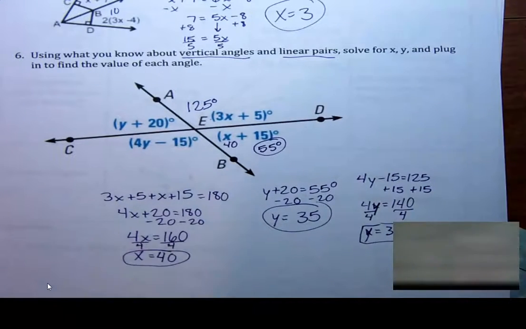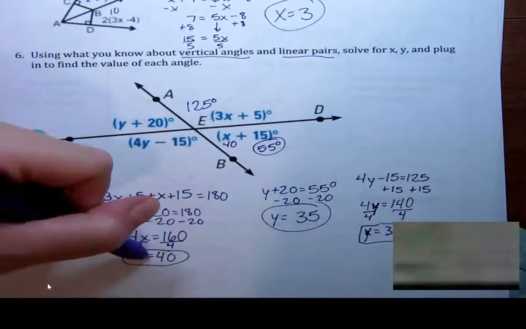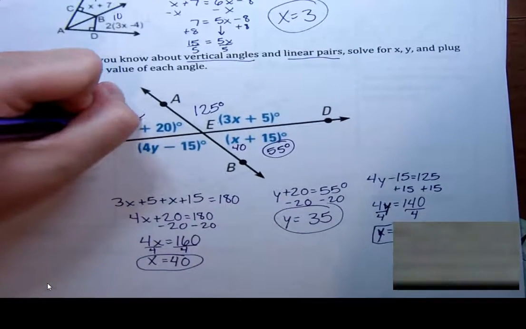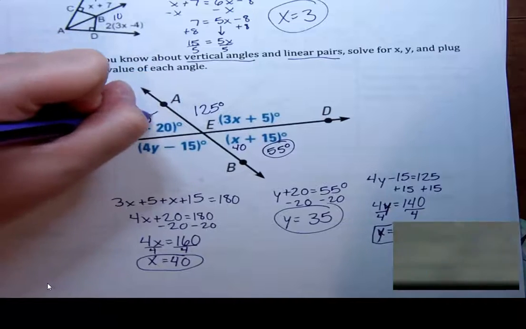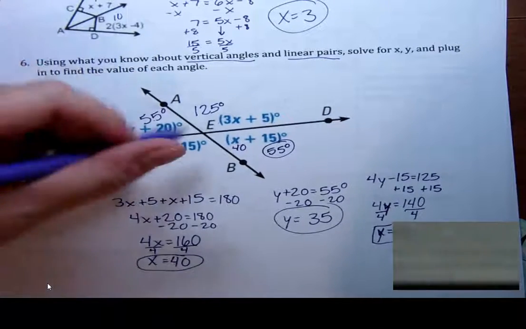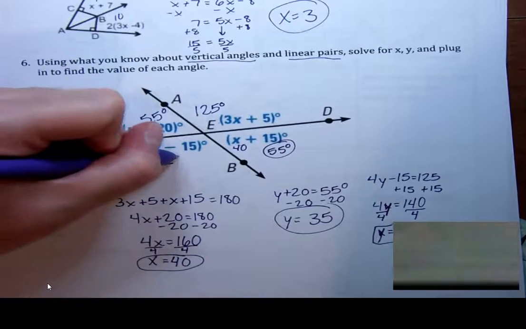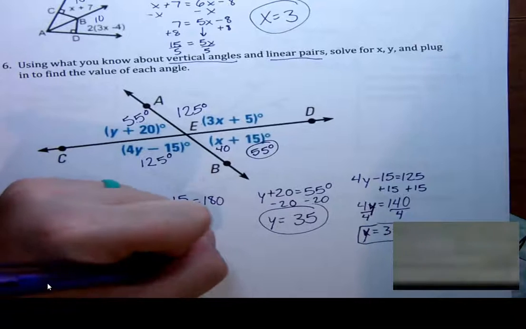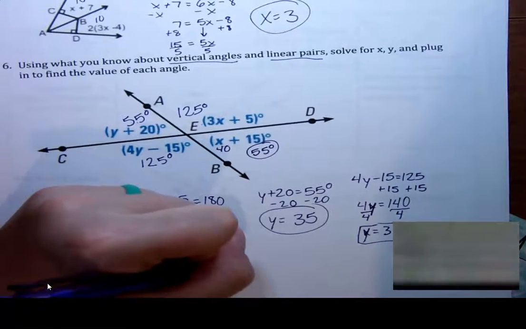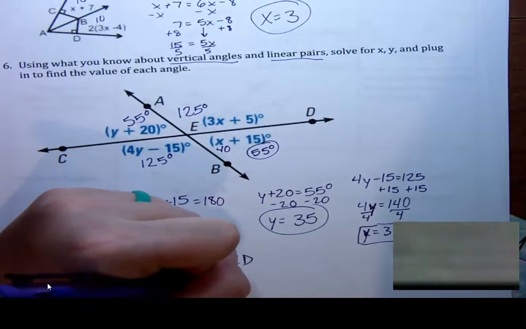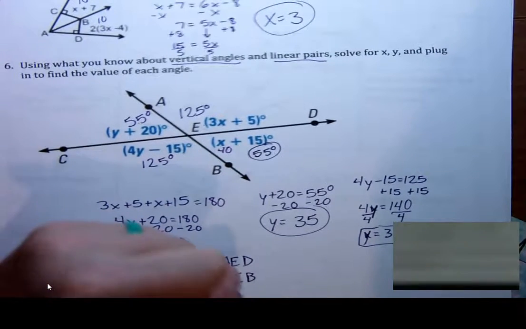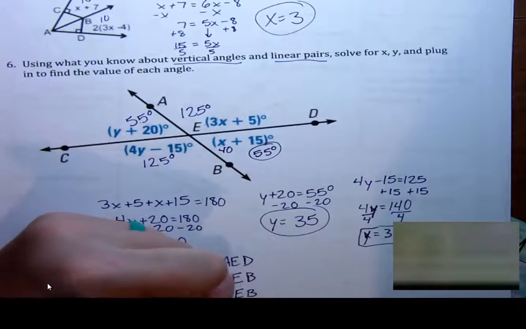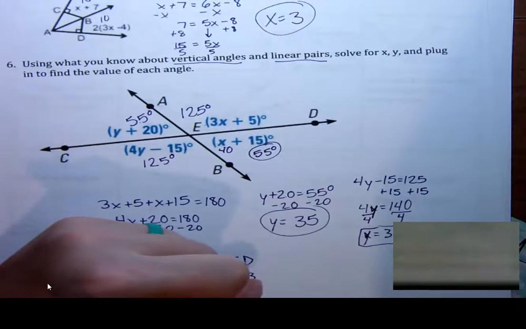Cool. Now we know what x is, we know what y is, we have to find the value of each angle, but the beauty of this is the value of this angle is going to be the same as its vertical angle on the opposite side, and same thing for this one. So if we're writing all of these angles out, we've got angle AED, angle DEB, angle CEB, and angle AEC.